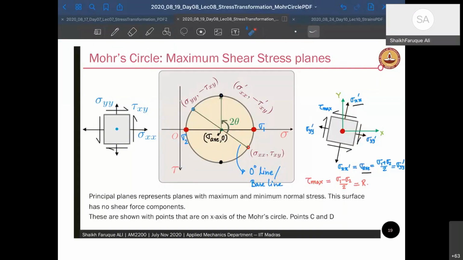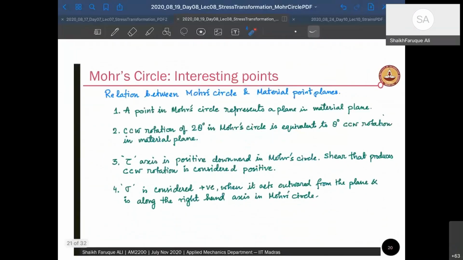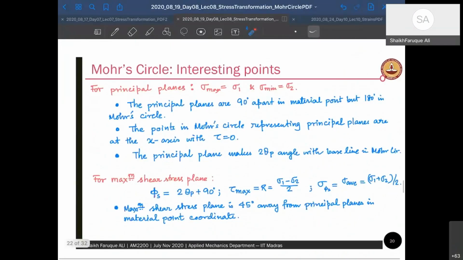All right. Good. Some interesting points are given here, which you have to go through, which I've already told. For principal planes, sigma max 1, sigma max 2, all these details are given. Please go through them. The principal planes are 90 degrees apart on the material point element, but 180 degrees in the Mohr circle.